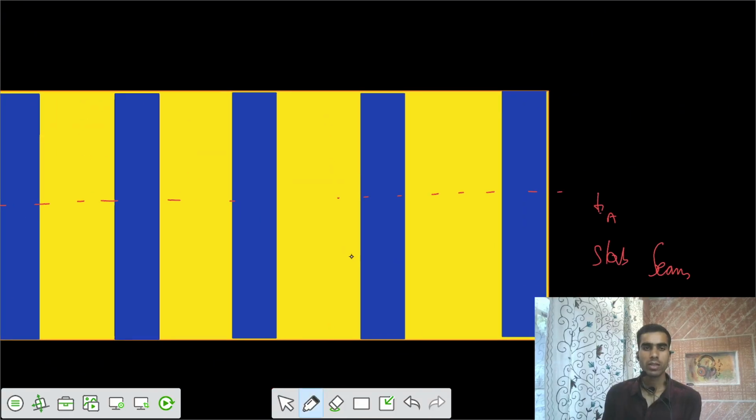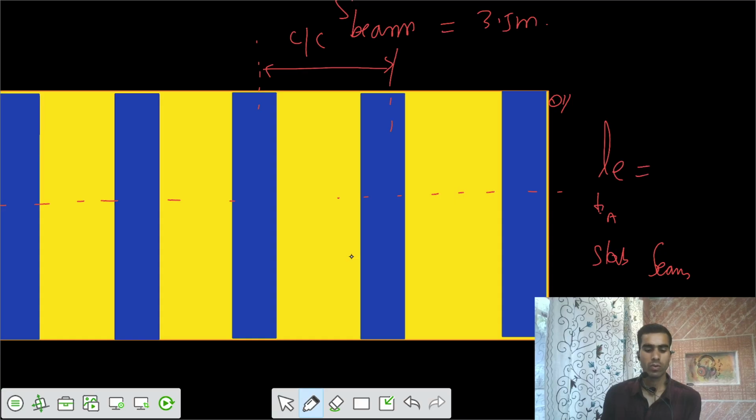The center to center spacing between the beams is equal to 3.5 meters. And we have an effective span. Let's say this is simply supported here, and the effective span L effective equals 6 meters.